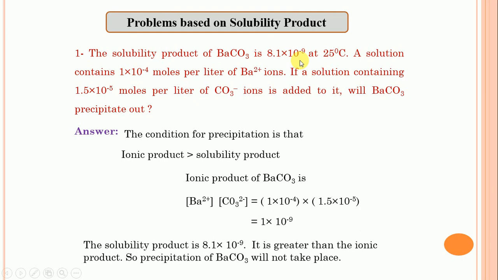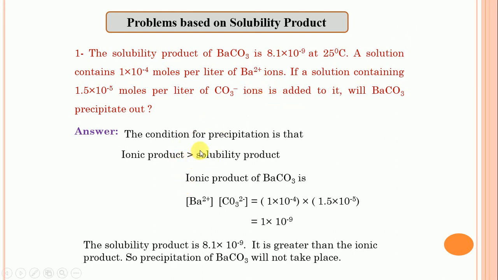So therefore the solubility product is 8.1 into 10 raised to minus 9, and it is greater than the ionic product, and therefore precipitation of barium carbonate will not take place. Why not? Because the value of solubility product is greater than ionic product, and the condition for precipitation is that ionic product must be greater than solubility product.